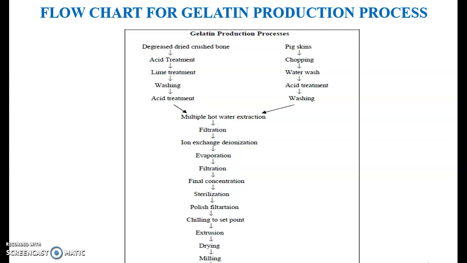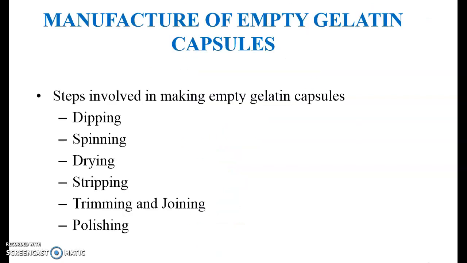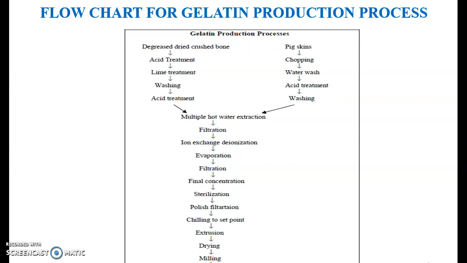Then filtration, chilling to set point, extrusion, drying, milling, and blending to packing. So these are the different steps. Once the gelatin is manufactured or prepared, different ingredients are also added to the gelatin so that it is ready for preparation of capsules.